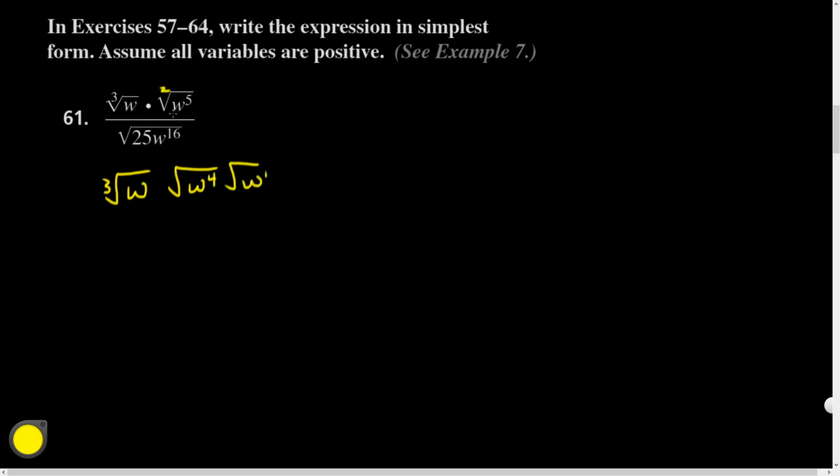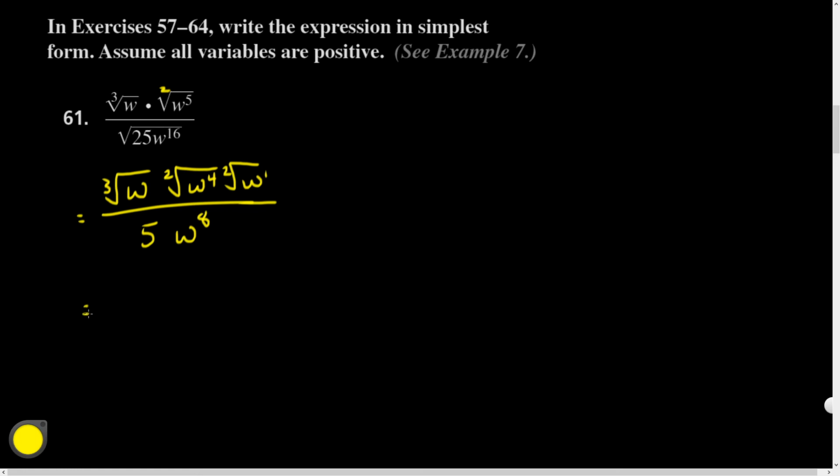Because 4 is the largest number that is divisible by the index, the invisible 2 that was there. The largest number that goes into 5, in terms of adding numbers: 4 plus 1 is 5. The square root of 25 is 5, and the square root of w to the 16th is w to the 8th.